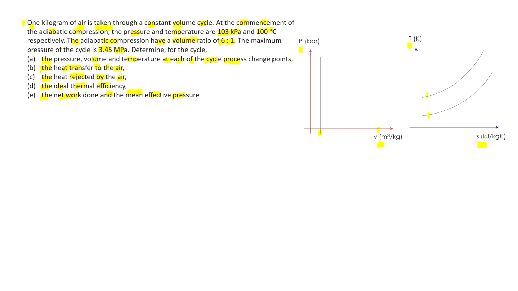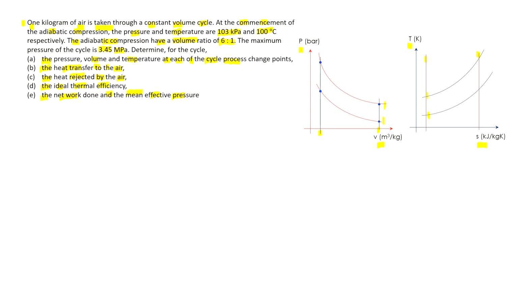Then you have two isentropic processes, 1 and 2. Then you have one isentropic line on the TS diagram. It's supposed to be a vertical line, and then the second one.